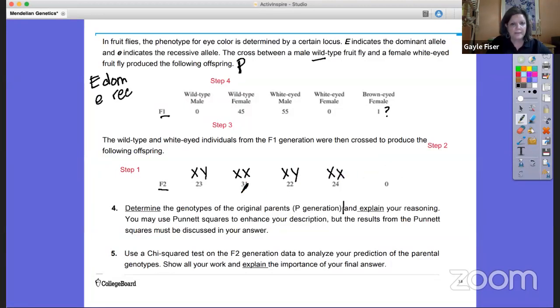Now this was a wild type male, so let's use a big E because it's easier for us to keep up with. And we have a wild type female, but we don't really know something, do we? We don't know if she is this or if she is that, right? A wide-eyed male, so we know he has a little e, and then a wide-eyed female, which she would have to have both.